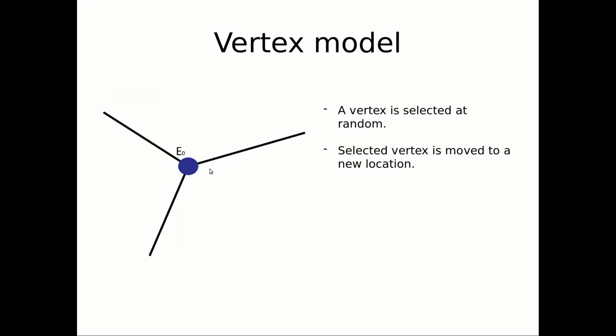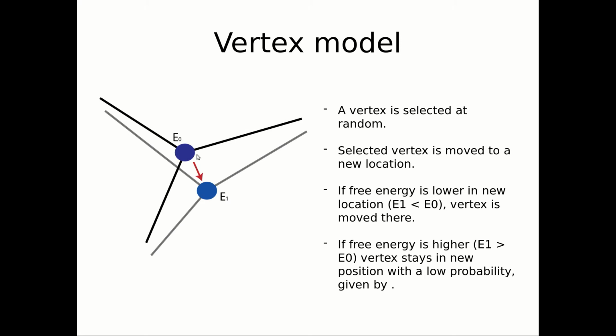The simulation procedure is as follows. One vertex is selected at random and it is moved to a random location. Energy is calculated in the previous location and also in the new location, and if the free energy in the new location is lower than in the previous location, then the vertex is moved permanently to the new location.